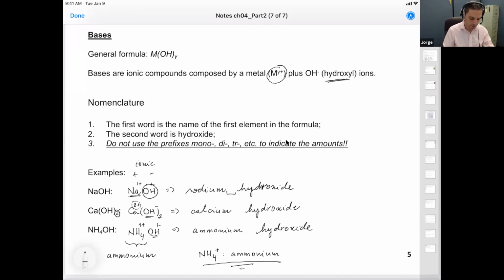Nomenclature here is pretty simple: first is the name of the first element in the formula, followed by the word hydroxide. Now let's start to focus our attention on acids and bases, because that's going to be a big part of chapter number 3.